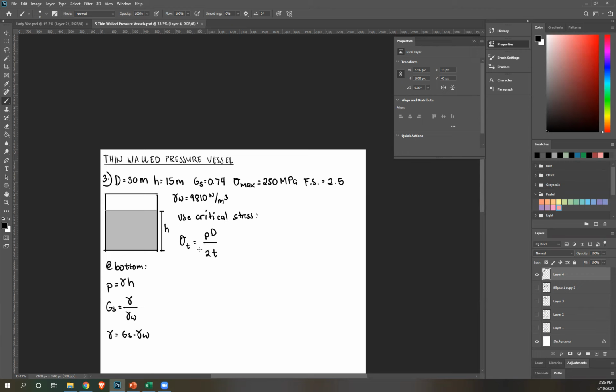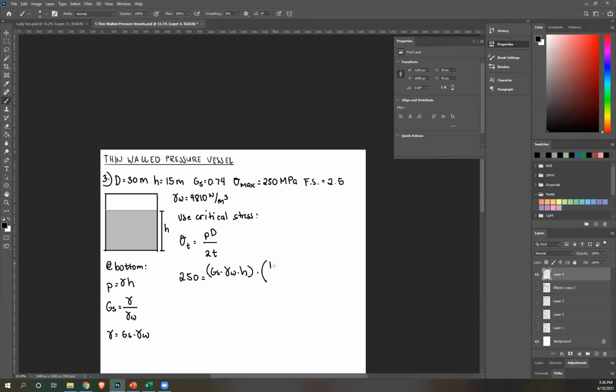Sigma T is 250. So 250 equals pressure, which is gamma H, and gamma is GS times gamma water, unit weight of water, times H. And take note of the units. This is meter cube. Our stress is MPa, that's Newton per millimeter squared. All of these are in meters. So I need to convert that pressure into millimeters.